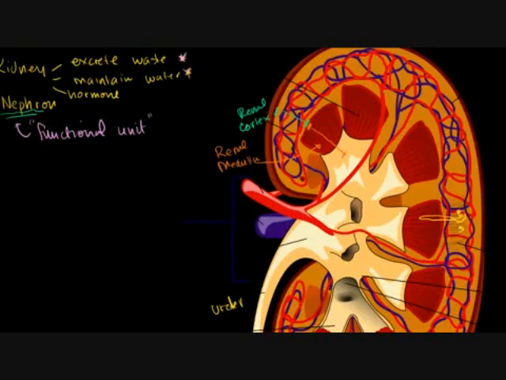But that's about the length of a nephron. This is where it starts, and then it dips down again. Multiple nephrons are going to keep doing that, but they're super thin. These tubes, or tubules, maybe I should say, are super thin. And your average kidney will contain on the order of 1 million nephrons.